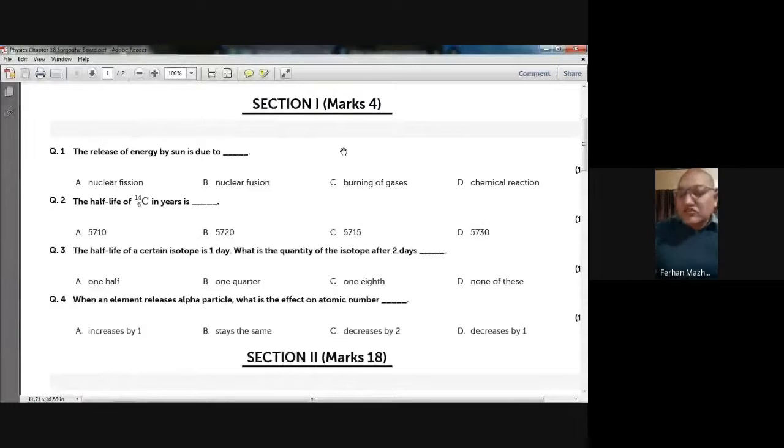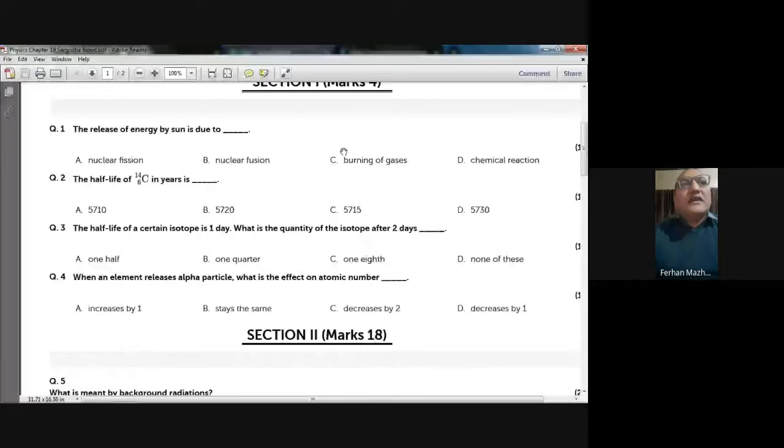Okay. So let's move to the next question. He says the half-life of carbon 14 in years is this number. I told you, remember this number. This number is asked now, and you should remember it.